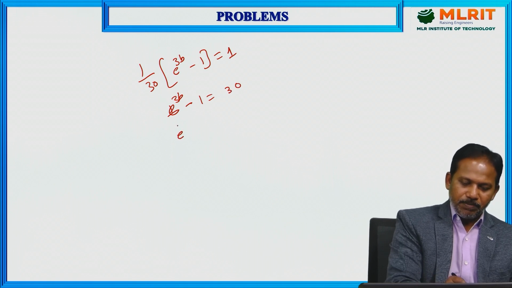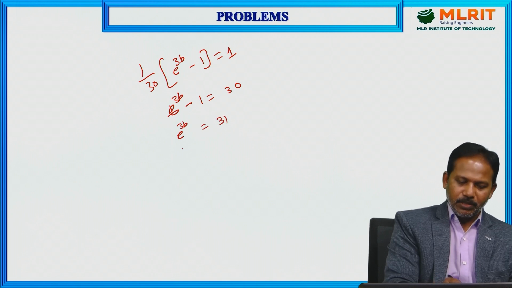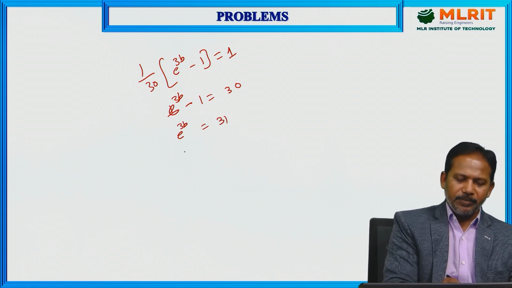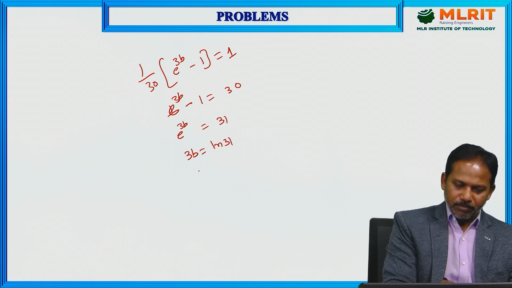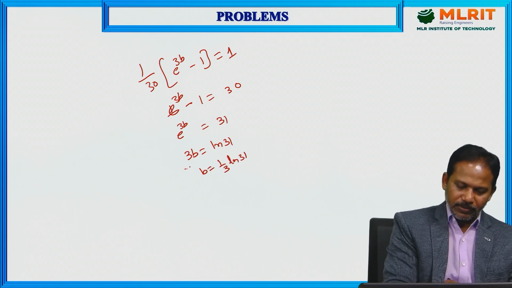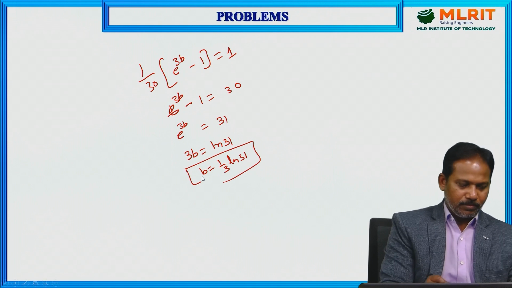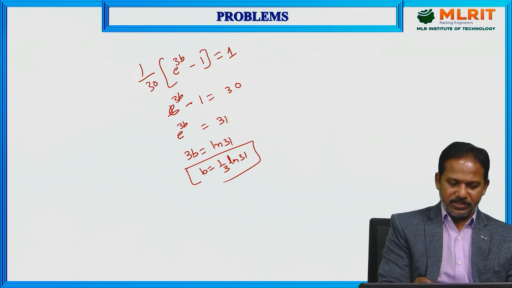That is e power 3b is equal to 31. I need to apply logarithm on both sides, means 3b is equal to ln 31, b is equal to 1 by 3 into ln 31. So that is the answer for this one. It's the b value for this one.